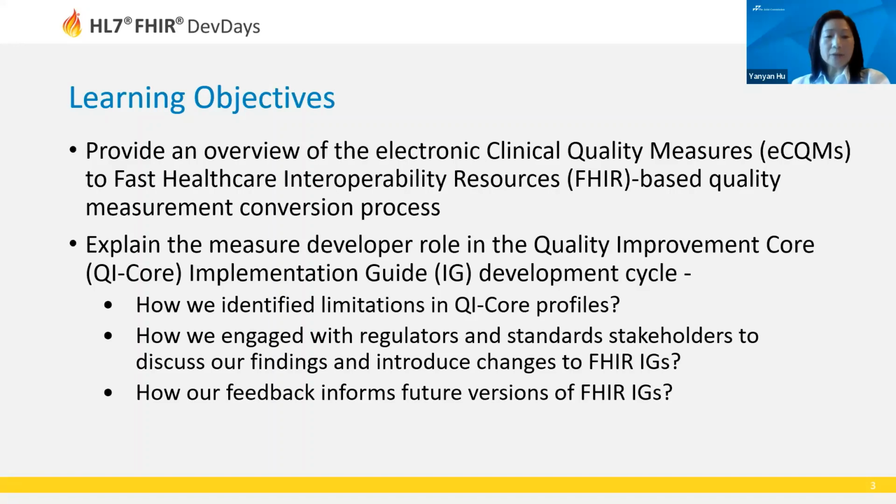As the leading developer of hospital-based electronic clinical quality measures, we also call them eCQMs, in the United States, the Joint Commission is translating existing measures to FHIR to advance QI Core to support quality measurement. In this session, I will give a brief overview of FHIR measure conversion, lessons learned, and our collaboration with stakeholders to enhance FHIR implementation guides.